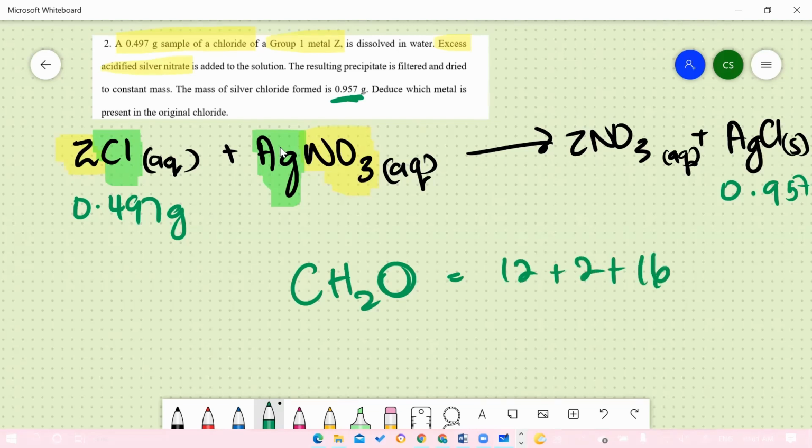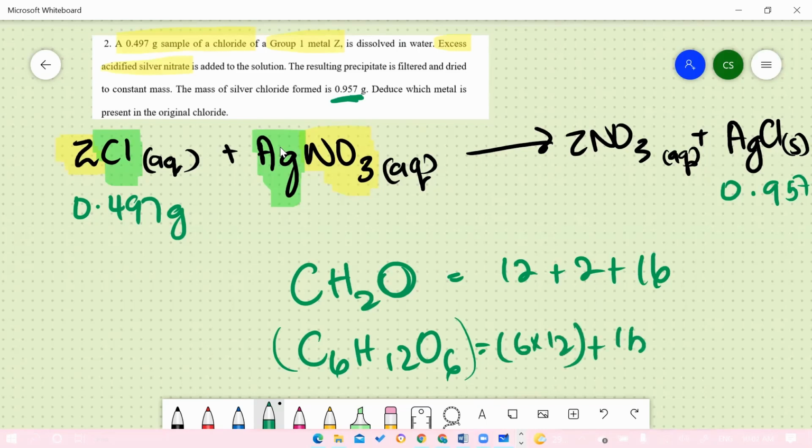For glucose, though, it's C6H12O6. The molecular formula mass would be 6 times 12 plus 12 plus 6 times 16. So the top one would be your empirical formula mass, while the bottom one would be your molecular formula mass.